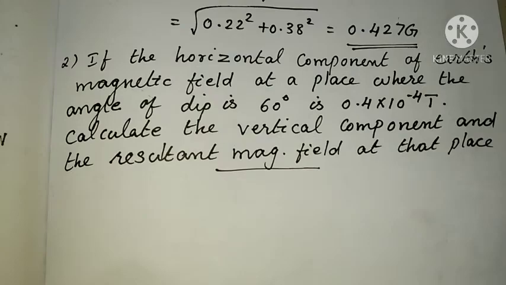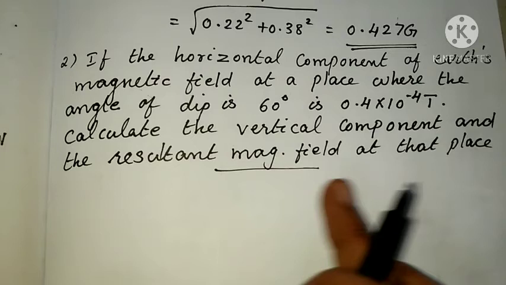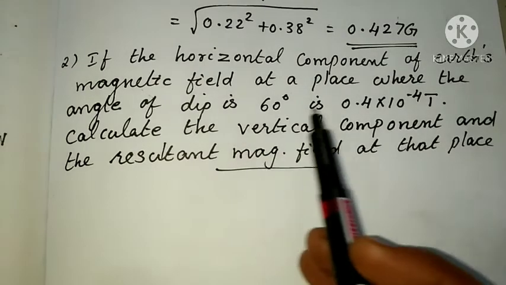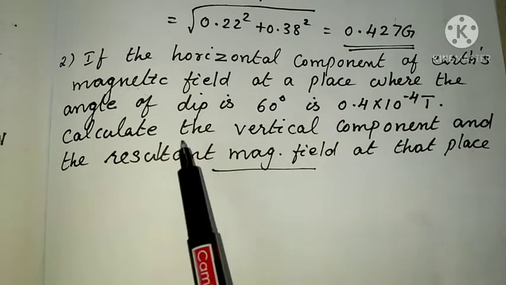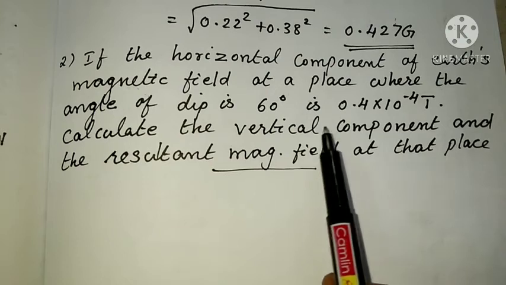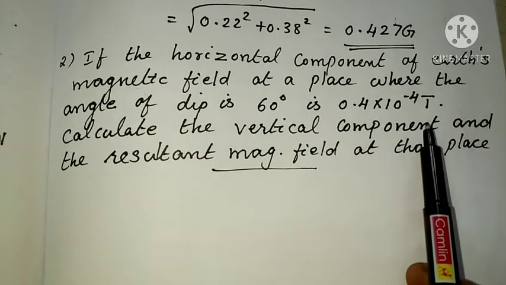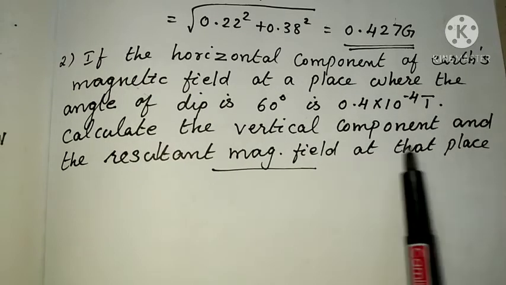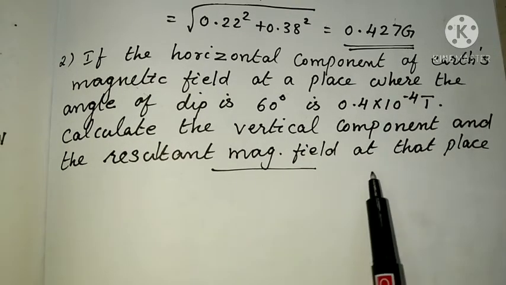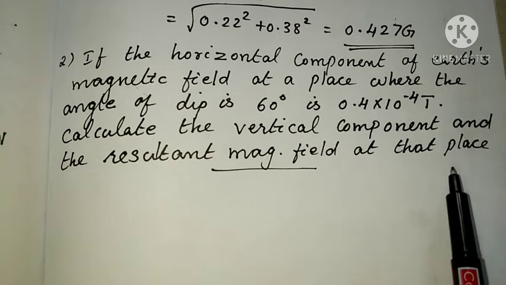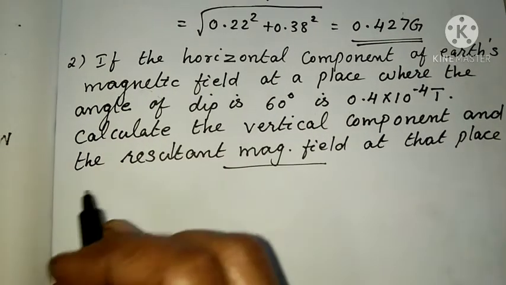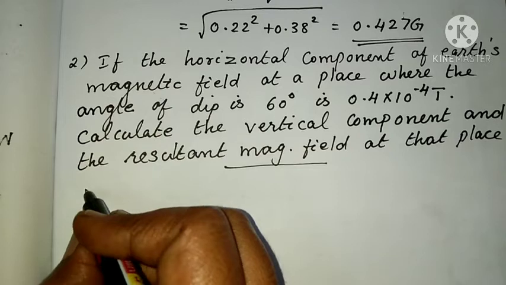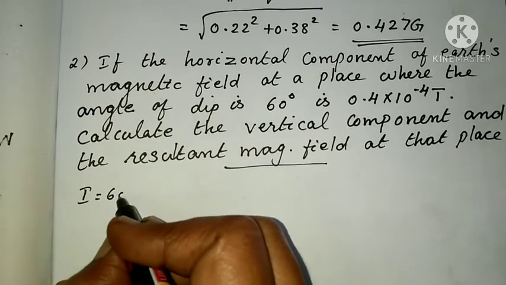Clear? Second question. If the horizontal component of Earth's magnetic field at a place where the angle of dip is 60 degree is 0.4 into 10 raised to minus 4 Tesla, calculate the vertical component and the resultant magnetic field at that place. So from the question we can write angle of dip I equal to 60 degree.